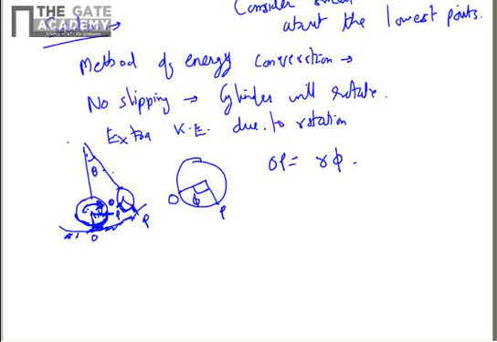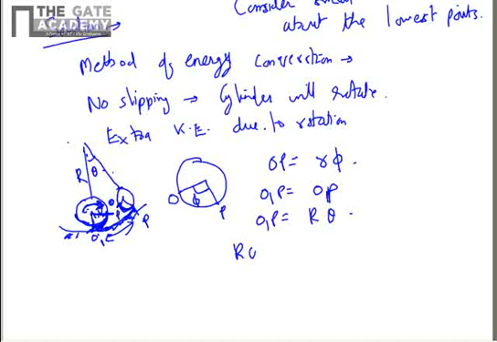Now this rolling has happened without any slipping, so the distance from O1P to the final OP should also be the same as what has been in touch with this smaller cylinder. So O1P will be equal to OP. And what will be O1P? From the geometry of the bigger circle with radius R, O1P will be equal to R theta.